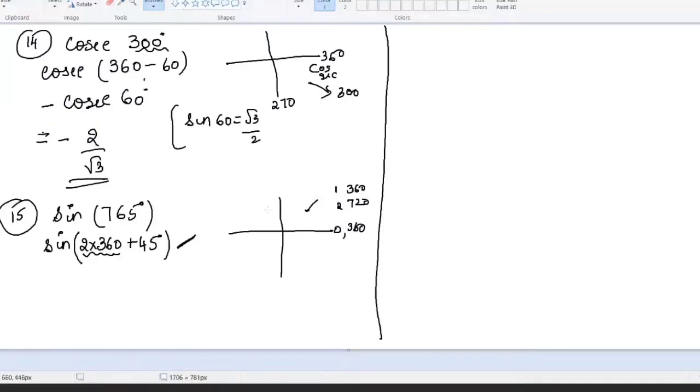The first quadrant. 360 plus means first quadrant, where all are positive, so the sign is also positive. So I'm writing the sign plus. Next step, 360 lies on the sleeping line, so no change to the cofunction. So sine 45. What is the sine 45 value? 1 by root 2.